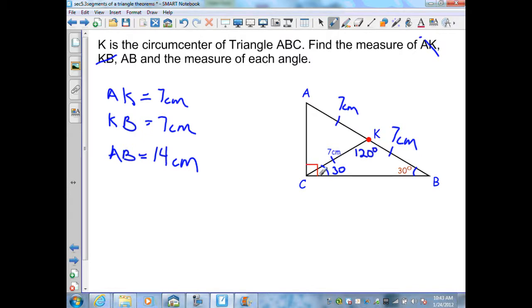We're given that this is a right angle. Therefore, the angle is complementary to this 30-degree angle, which leaves us 60 degrees. I know that triangle AKC is isosceles. Therefore, by the isosceles triangle theorem, if this angle is 60, angle A is 60. And either by the triangle sum theorem or supplementary angles, I know that this angle has to be 60 degrees.